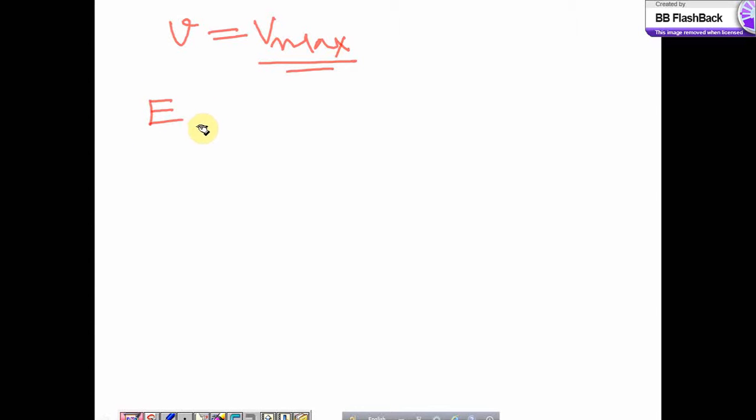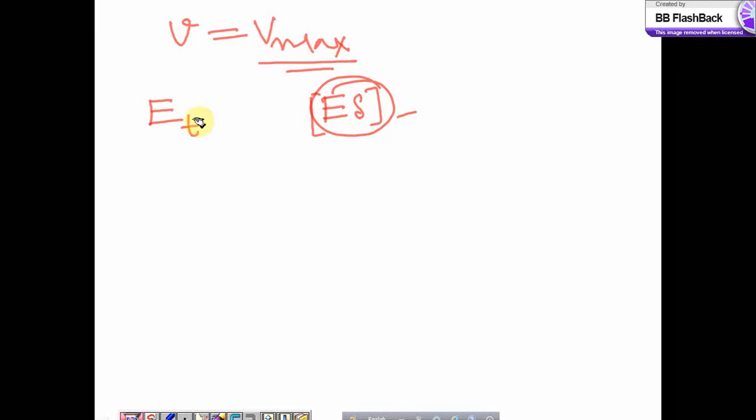Now in the next slide, if the enzyme attains the maximum velocity, Vmax, that means all the enzyme has formed the enzyme substrate complex. You can denote all the enzyme as ET, the total enzyme concentration. All the enzyme molecules present in that reaction are now engaged, they are now working.